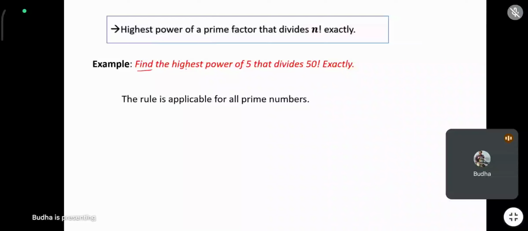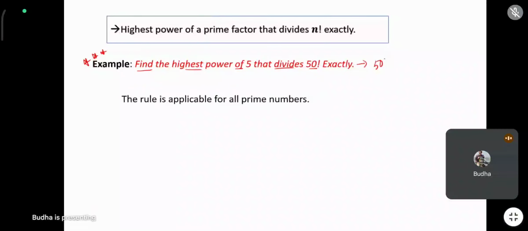Find the highest power of 5 that divides 50 factorial exactly. Okay. Now what does this mean? Always remember this one. You'll get questions of this type again, an important one.